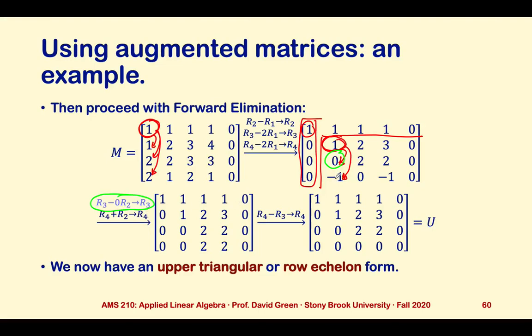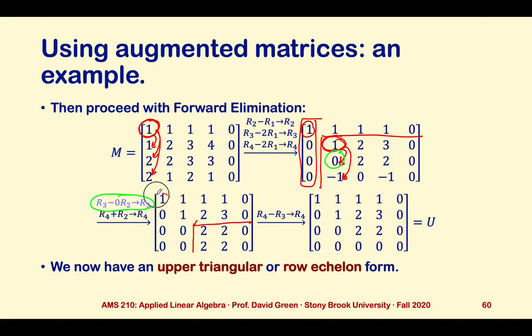Executing on that, -1 plus 1 is 0. 0 plus 2 is 2. -1 plus 3 is also 2. And 0 plus 0 is 0. This now gives us our next step. What do we do? We move down and to the right.